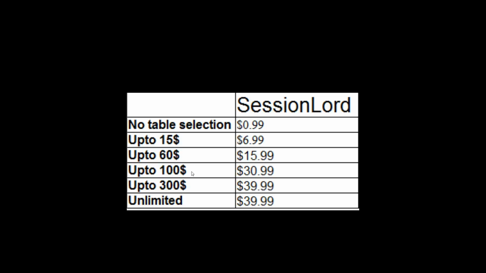The prices below, for example up to $15, mean that the SNG Opener Pro version works up to a $15 limit, and the price is $7 per month with a 6-month subscription. It goes up as the upper limit goes up, to $40 per month.